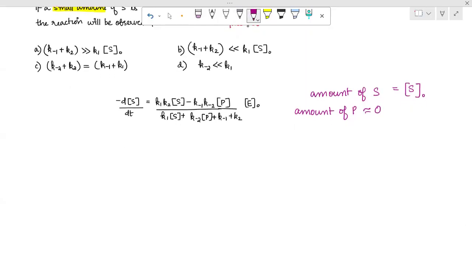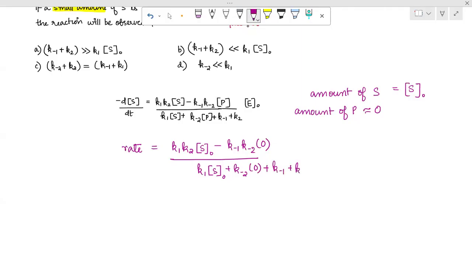So what do we get? This is of course the rate that is equal to K1, K2, the substrate concentration for which they have asked, we have assumed it to be the initial concentration, minus K inverse, K minus 2 into the product concentration we have assumed to be 0, divided by K1 initial concentration of the substrate plus K inverse 2 into 0 plus K inverse plus K2 into initial concentration of the enzyme it is.